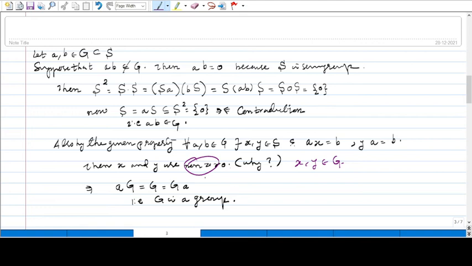This will imply, in return, AG equal to G equal to GA, which is a property of a group. We have already seen that if a semigroup satisfies this condition, it will be a group.